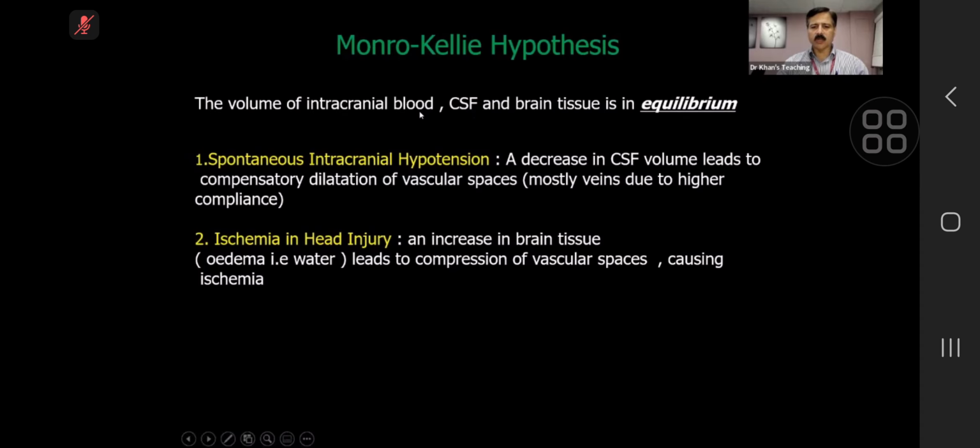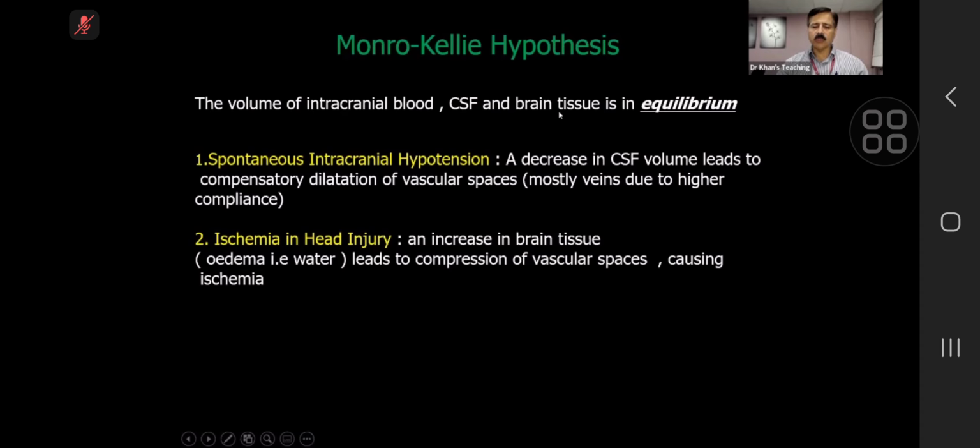But all of these things have to be in equilibrium. Basically, if something increases, another thing has to decrease, because it's a closed space. So what is the application? For example, a patient has cerebral edema, because of trauma or any other cause, and this is what they have asked in the exam. Then what will happen?